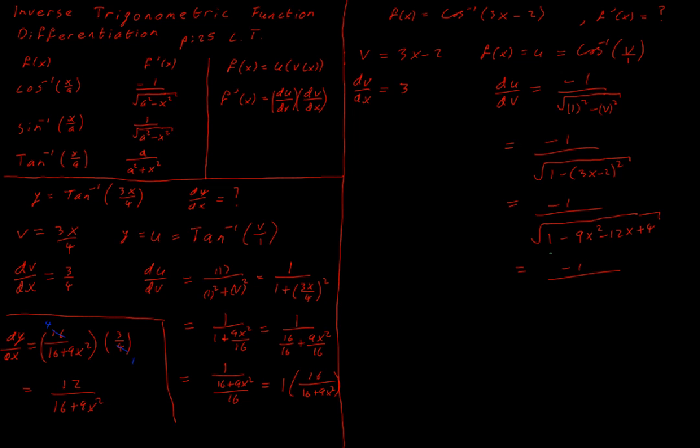Sorry, that's in brackets, my apologies. I have some multiplying out I need to do. Minus 9x squared plus 12x minus 4. And I now have this all simplified down as much as I can.